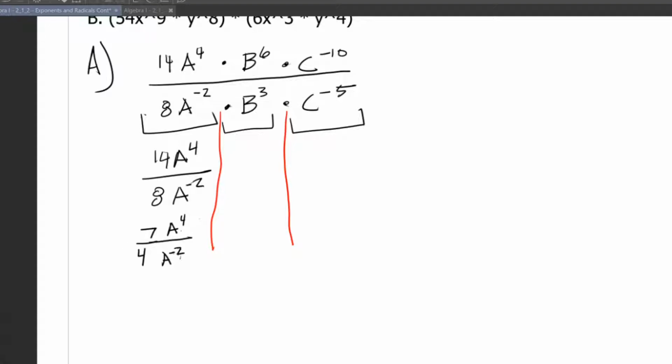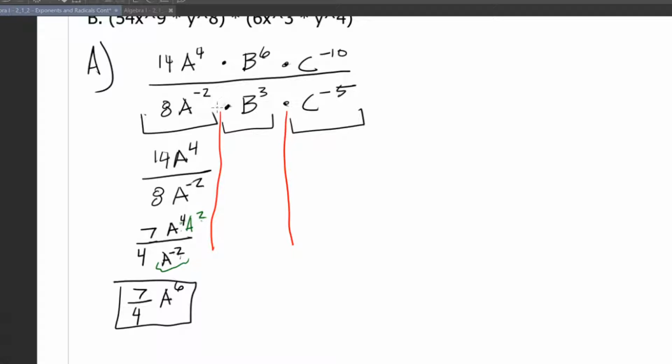This could be A squared here if we wanted to move this up, and then we would add these, and that would still give us 6. So whichever way you want to do it, it's going to be 7 over 4 times A to the 6, right? That's going to be this first part right here.